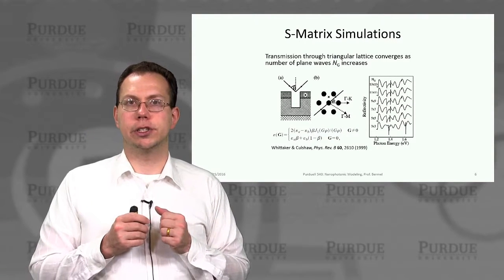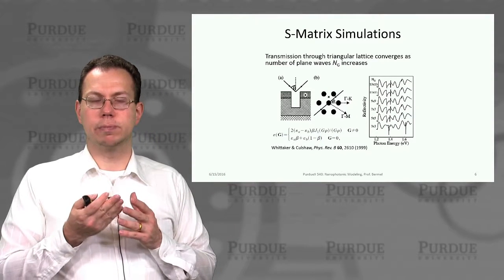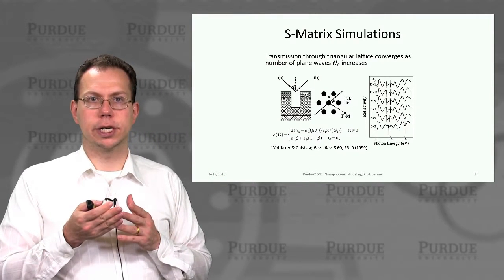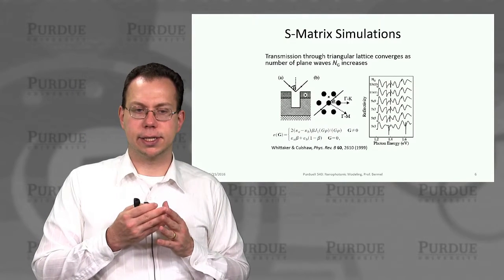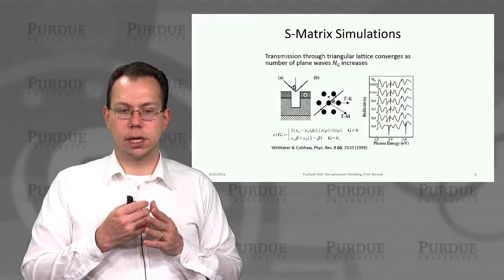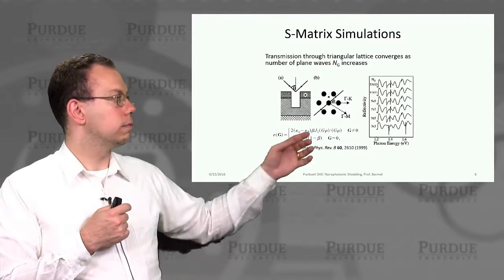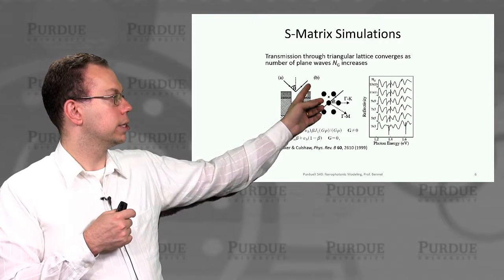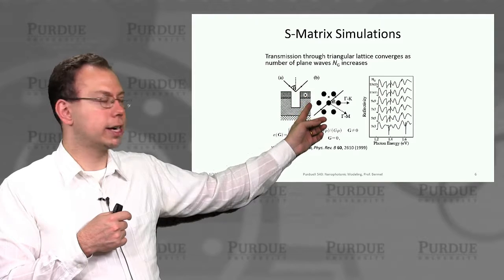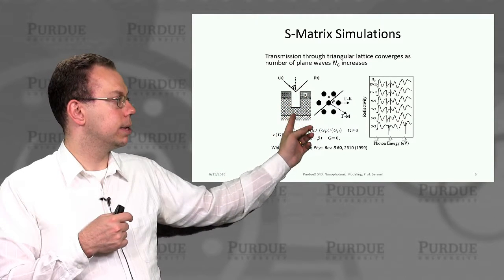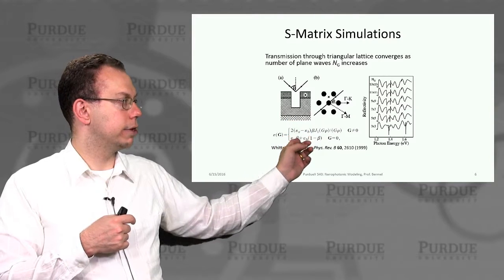And of course, you can put this into software and solve it numerically, so that's very doable. In this particular case, this is from the Whitaker and Culshaw paper. They picked a relatively simple structure, which has air, then two periodic layers with different refractive indices with an air gap in them, then a uniform dielectric layer, and a back reflector.